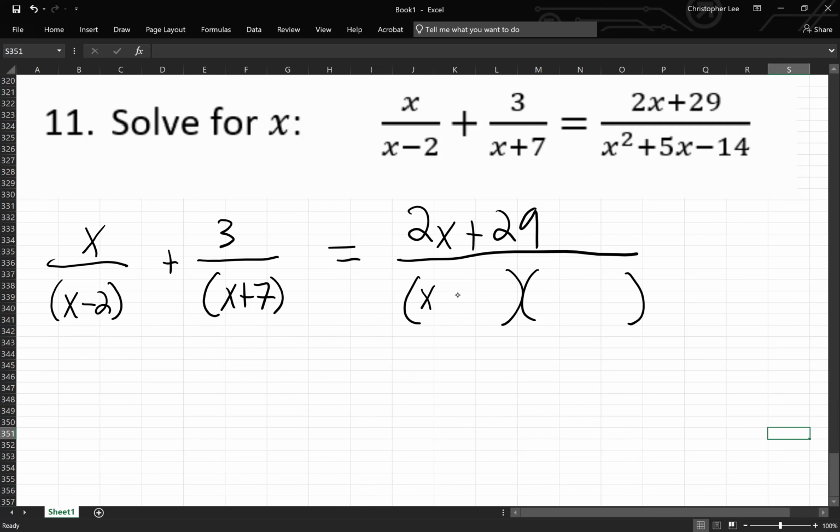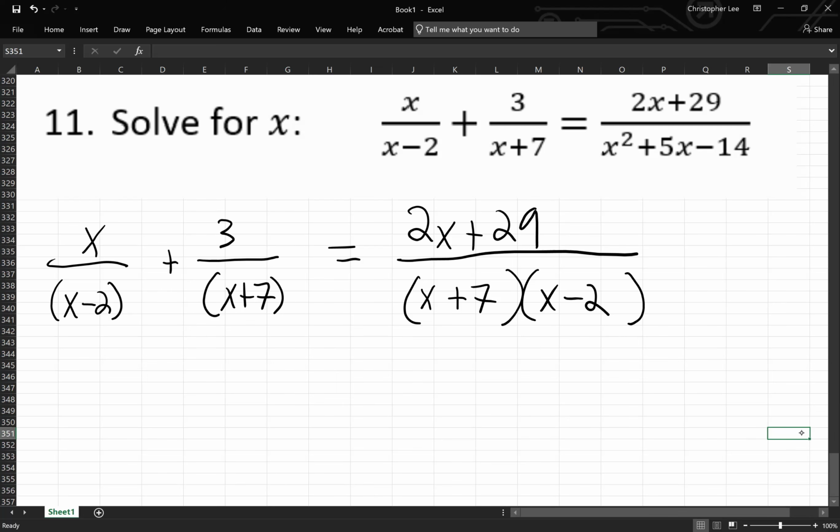X plus 7, X minus 2. Remember, they have to add up to positive 5, right? So 7 minus 2, positive 5.